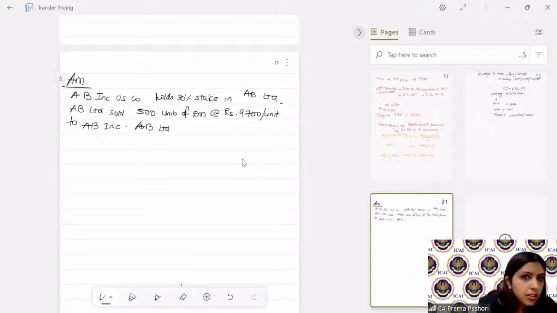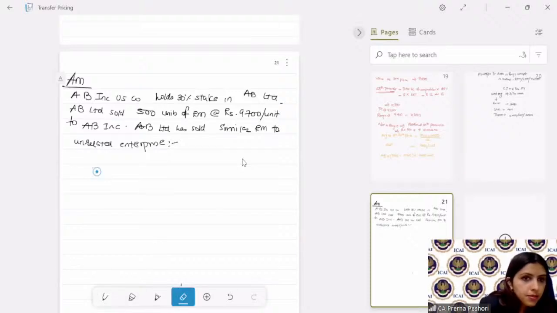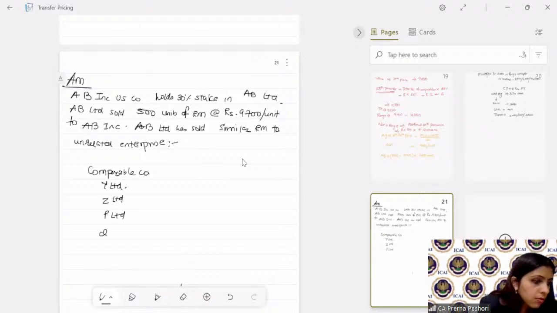AB Limited has sold similar raw material to unrelated enterprises, details of which are given hereunder, right? So, say for example, these are the comparables: Y Limited, Z Limited, P Limited, and Q Limited.